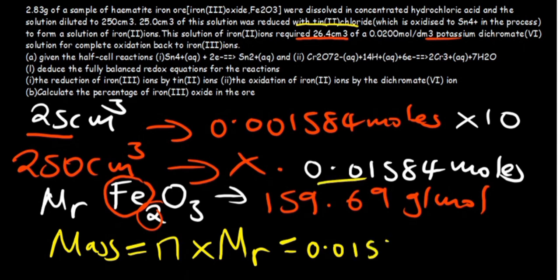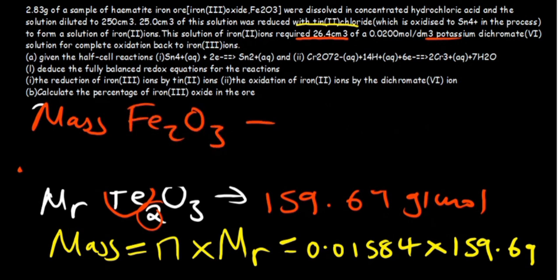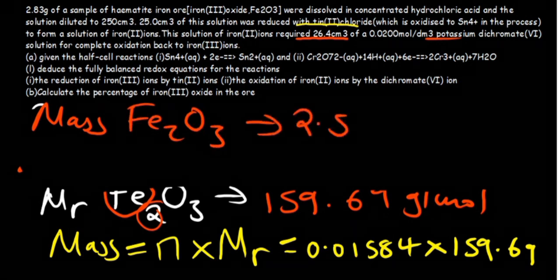So doing your calculations, 159.69 multiplied by 0.01584, what basically are you going to have as your mass? After doing my calculations, the mass that I'm getting for the iron oxide is 2.529 grams.